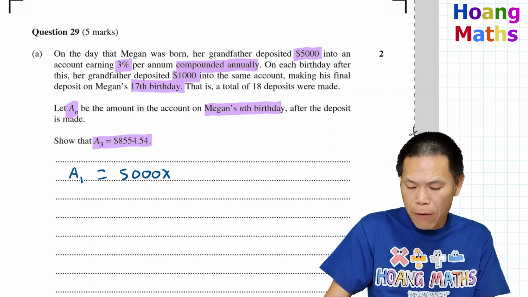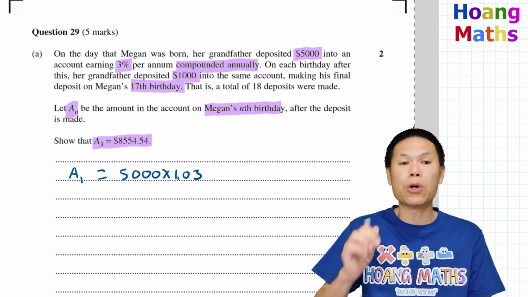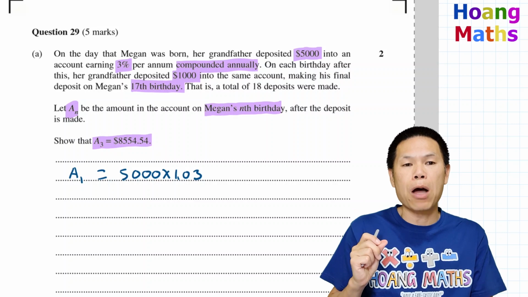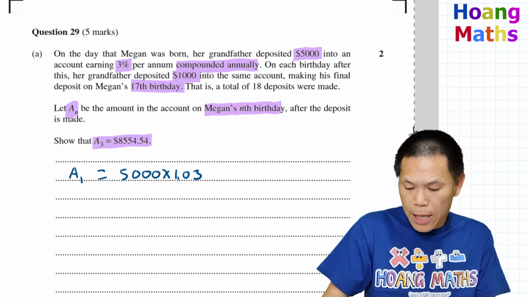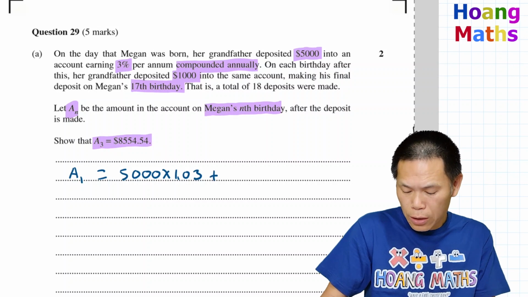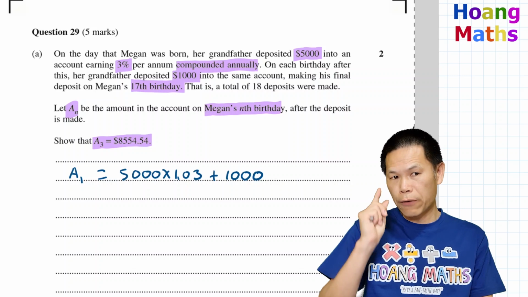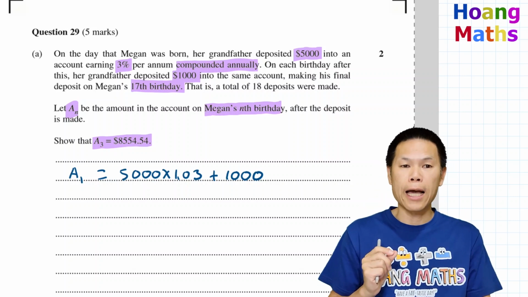So the final amount for this is times by 1.03, because I is P bracket 1 plus R power N. Okay, keep that in mind. And then she has another $1,000, that her grandfather deposited on her first birthday. So that is the amount in her account.